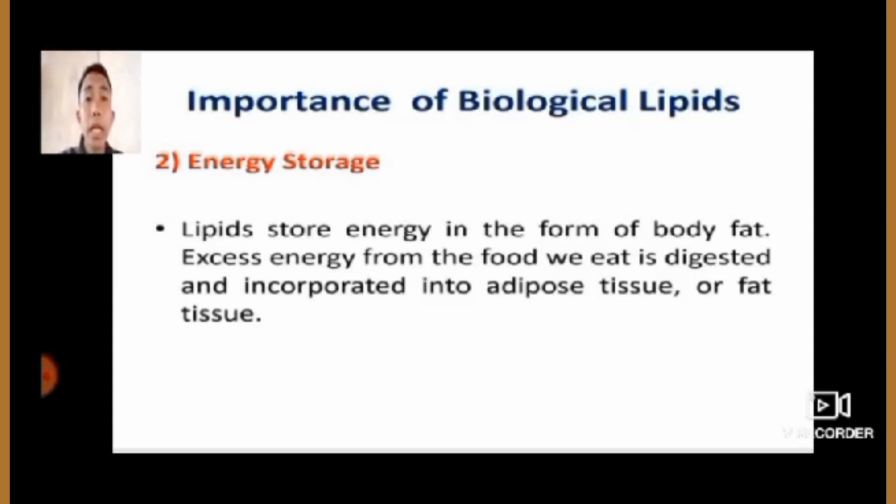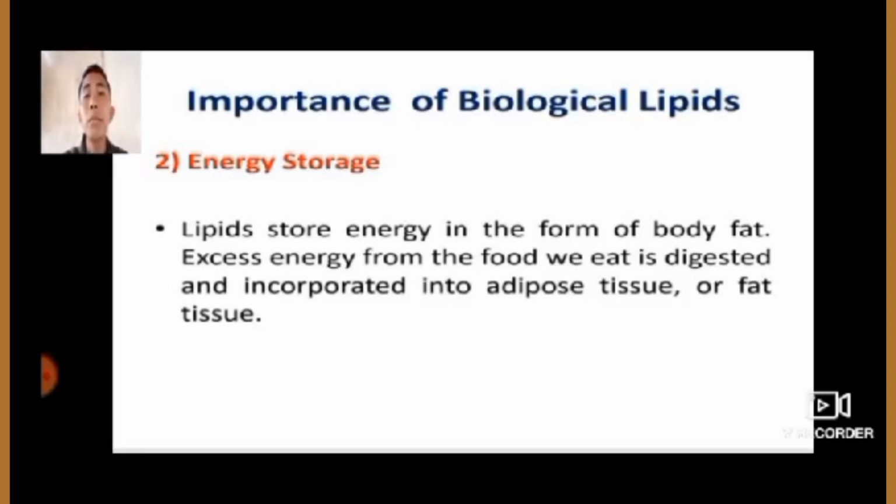Lipids store energy in the form of body fat. Excess energy from the food we eat is digested and incorporated into adipose tissue or fat tissue. For example, imagine eating a meal rich in carbohydrates and fats such as a cheeseburger and fries.